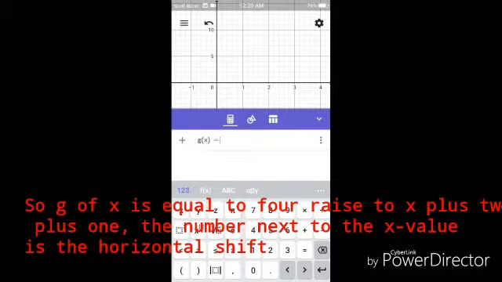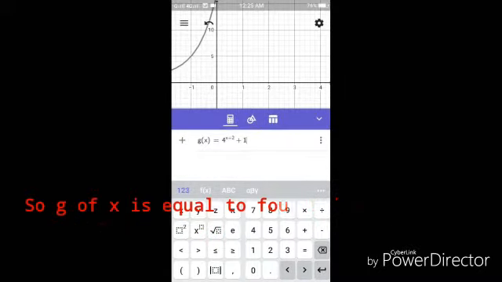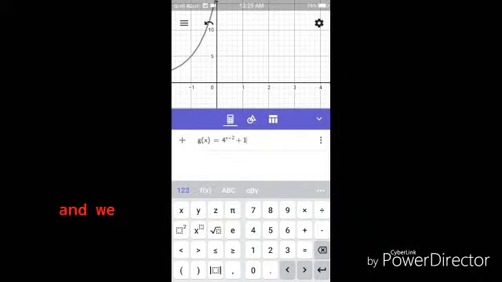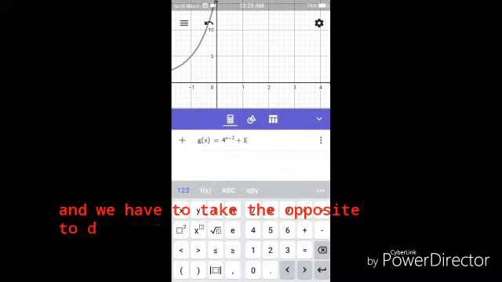The number next to the x value is the horizontal shift, and we have to take the opposite to determine the direction of the shift.